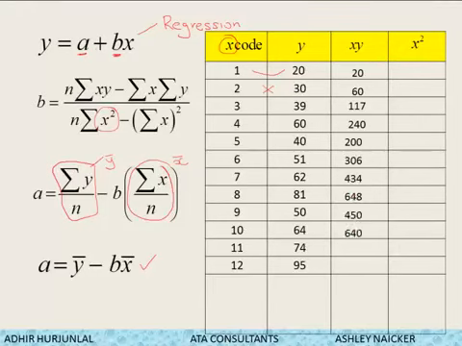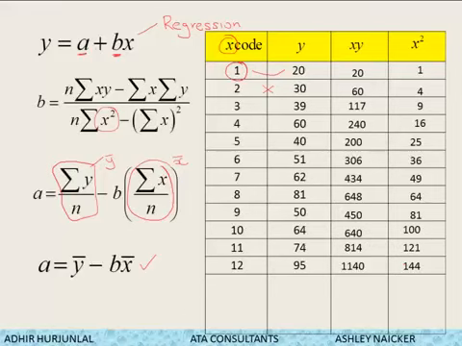Monotonous, but at the same time, you need to be accurate. What about x squared? Self-explanatory. This is x. If I square that, I get the value for here. 1 squared is 1. 2 squared is 4. 3 squared is 9. 4 squared is 16. And on and on, until I come up with 12 squared, which is 144.